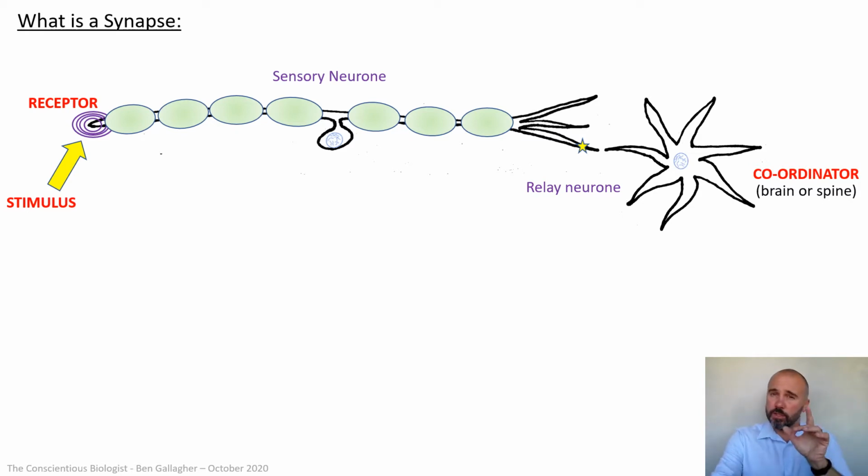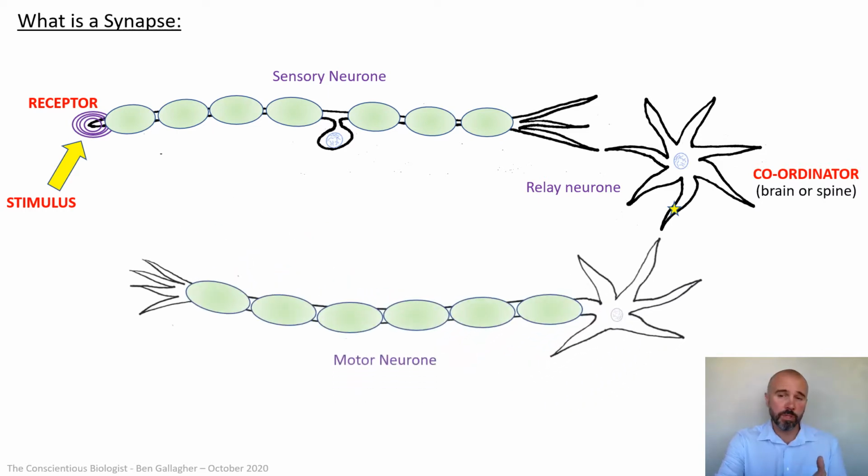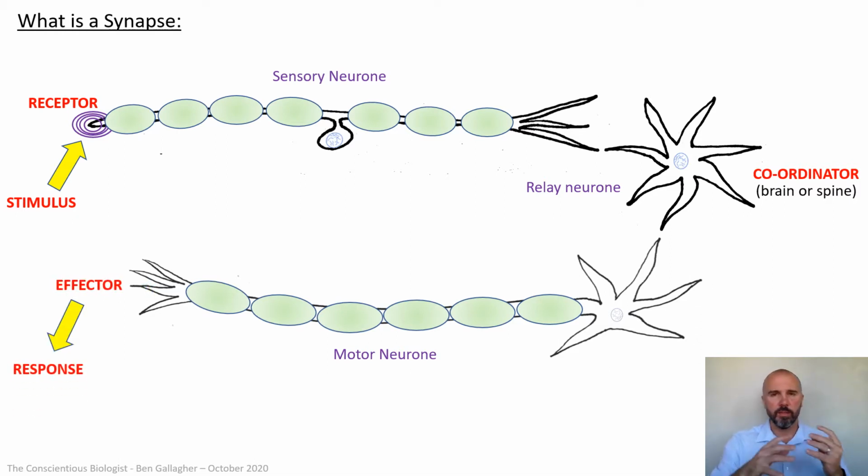The signal has to jump across that little gap that you can see to then carry on through the relay neuron to reach a motor neuron, so a signal can jump across that next little gap to make its journey along the motor neuron to eventually get to an effector, because it's the effector that will end up right at the end there causing the response. That's how you respond to any stimuli in your environment. It travels through this exact same pathway to cause a response.